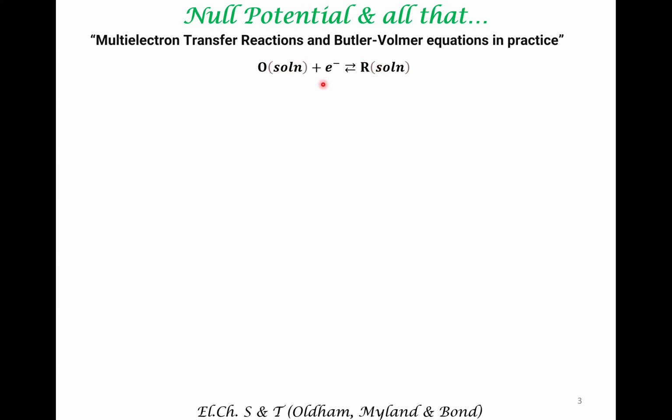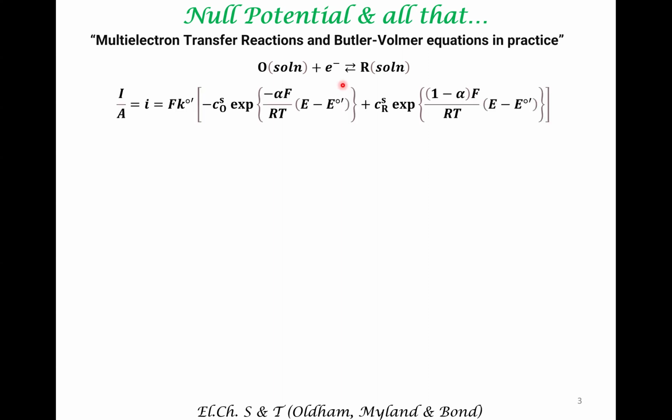So this single reaction has two aspects to it. There can be the reduction pathway, that is, this species, oxidized species, gets added via an electron, giving rise to a reduced species in solution.